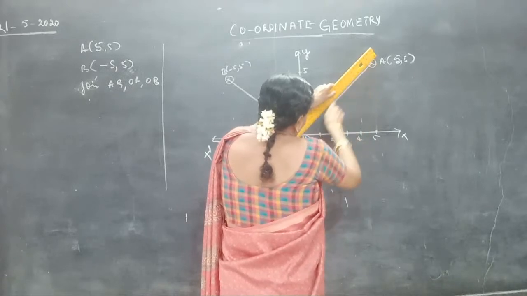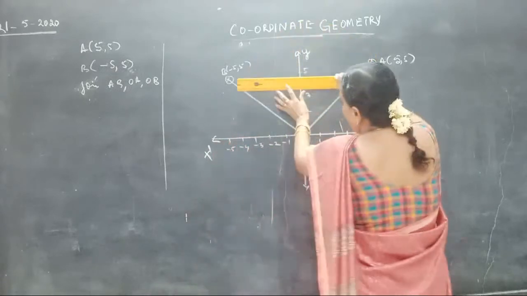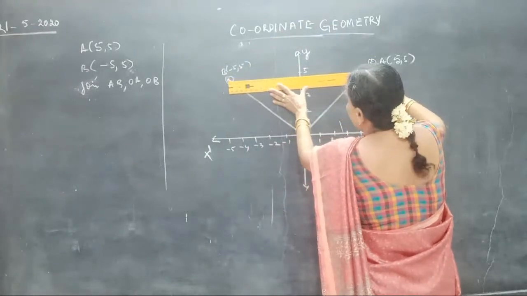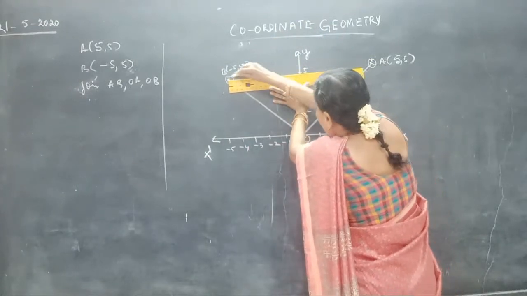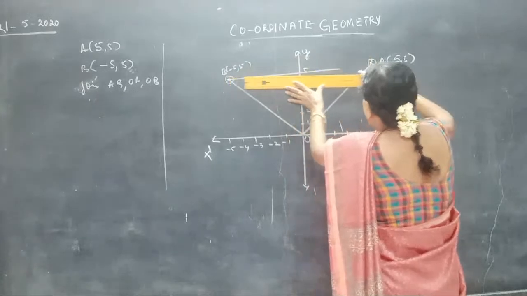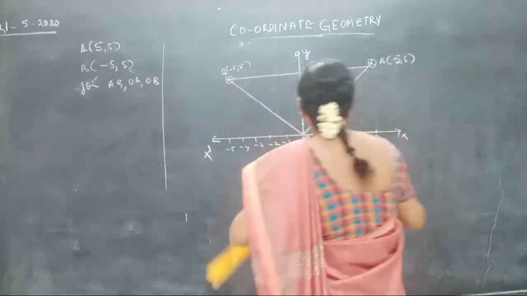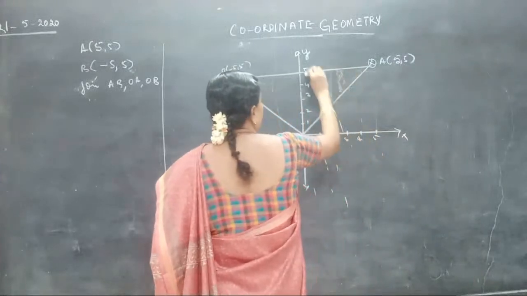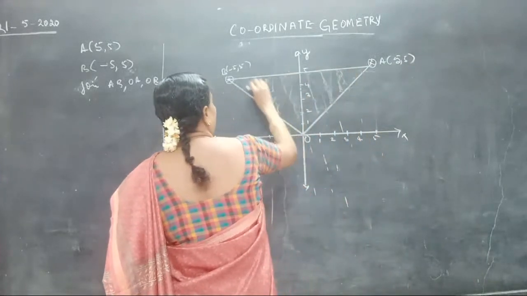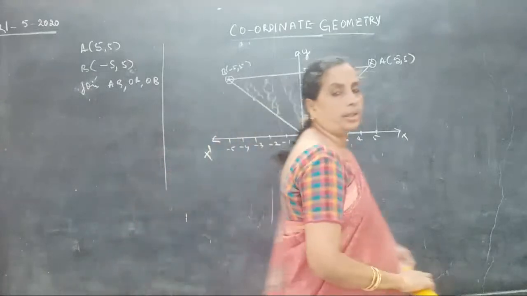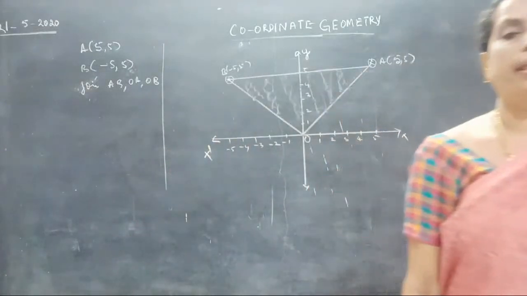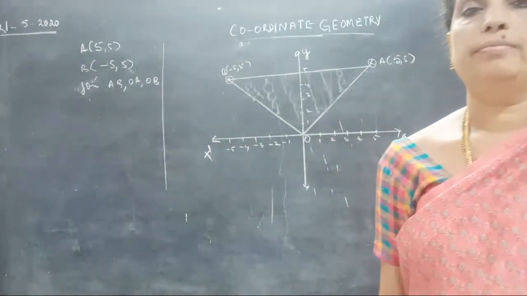Name the type of the triangle. This is a triangle, of course. You have to mention the type of the triangle so formed. What type of triangle is this? The triangle so formed is dash.